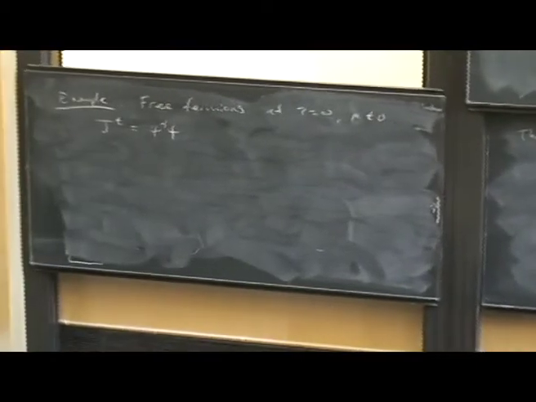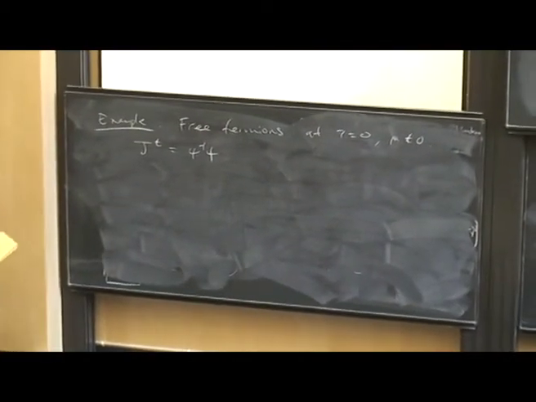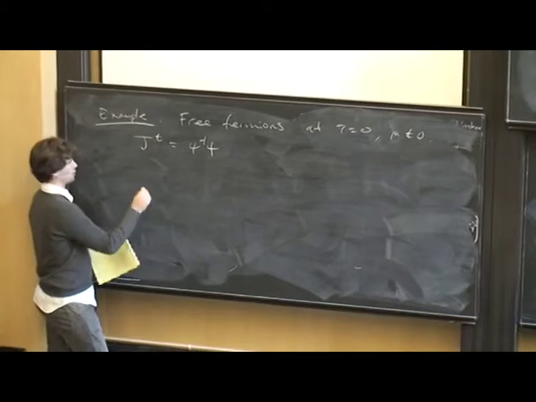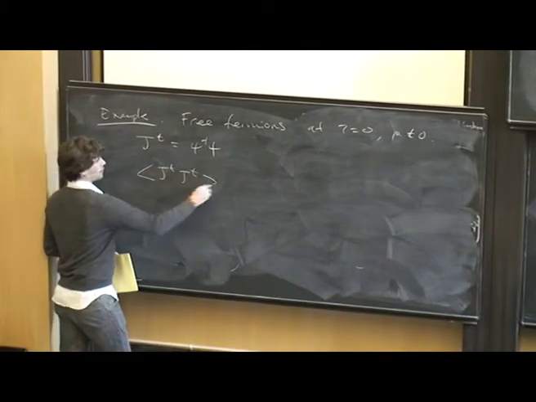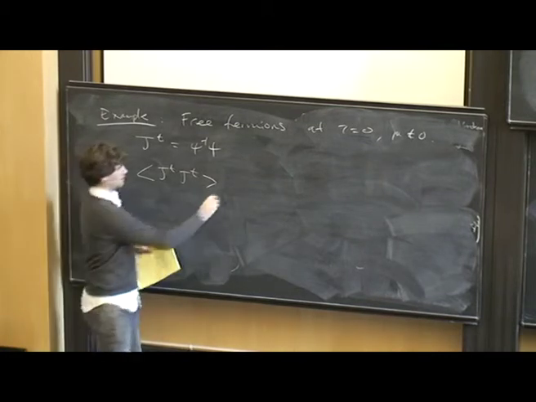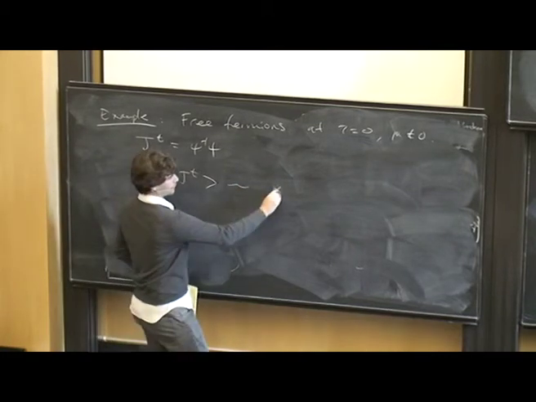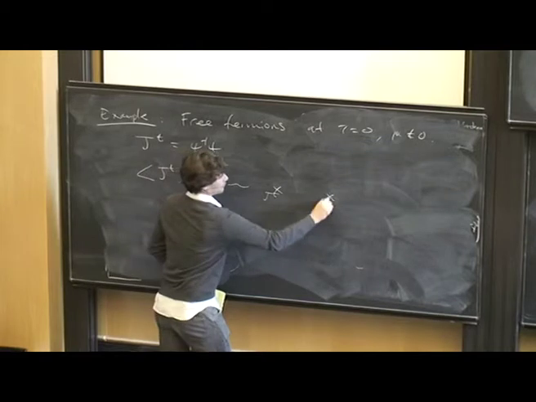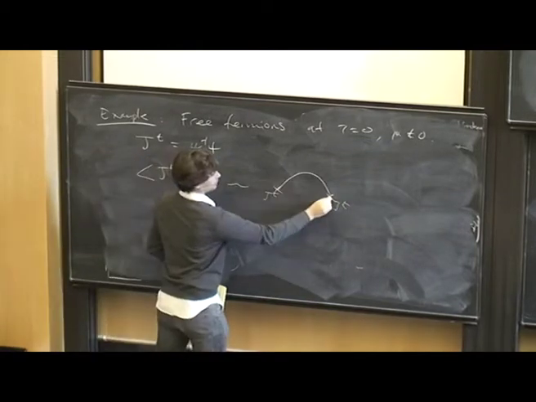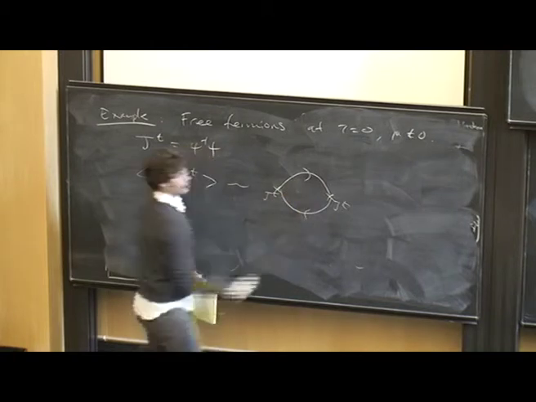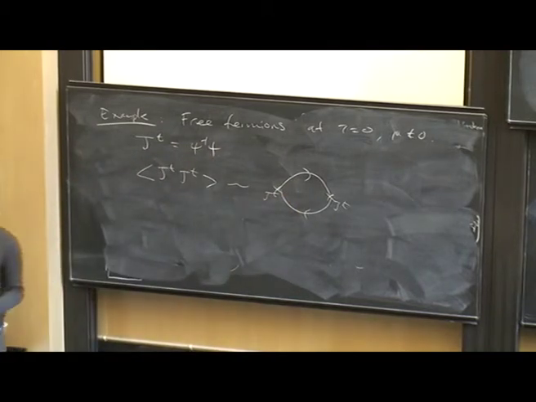That counts the number of electrons. And so if you want to calculate the two-point function of this operator, it's clear that this is just this diagram. You have a J at each end, each one has 2 fermions in it, so we're going to get 2 lines.